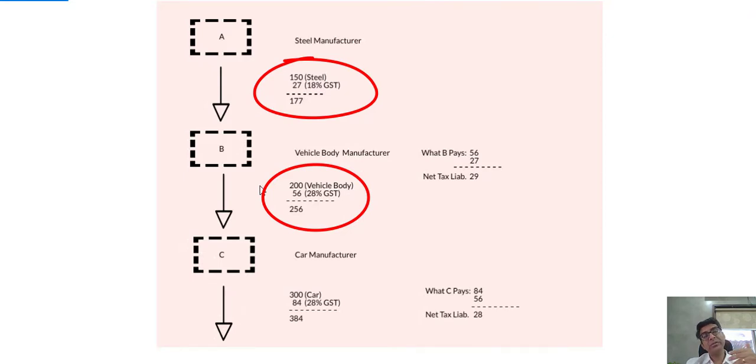If you put yourself in the shoes of Hyundai, Hyundai will say, look, boss, I paid you 56 rupees not for you to pocket that money. I paid you 56 rupees as tax. So logically, because you collected that money as tax, you should deposit it with the government and not take a single rupee out of that 56 rupees and put it in your pocket.